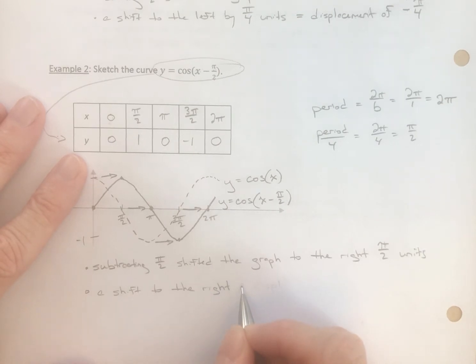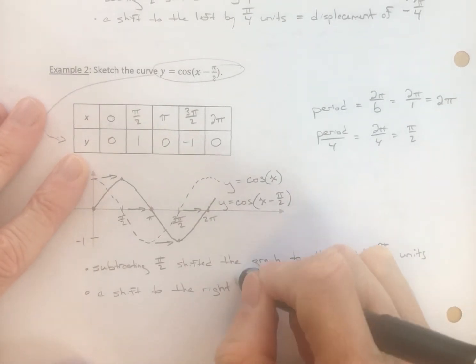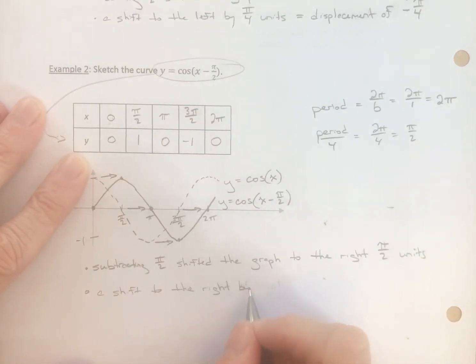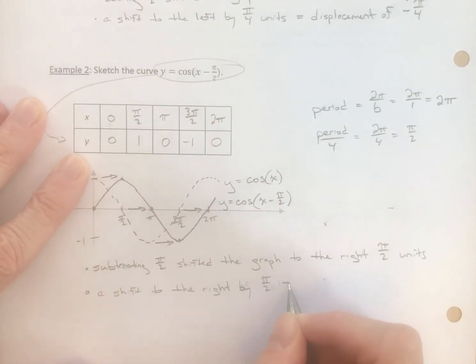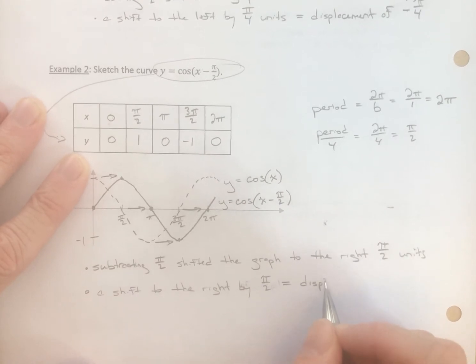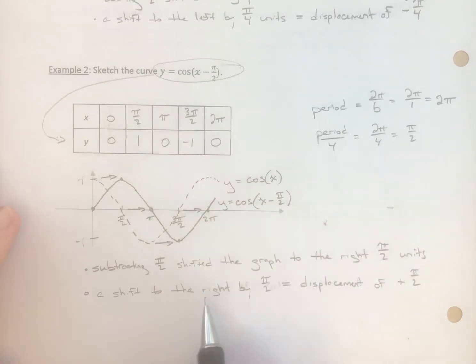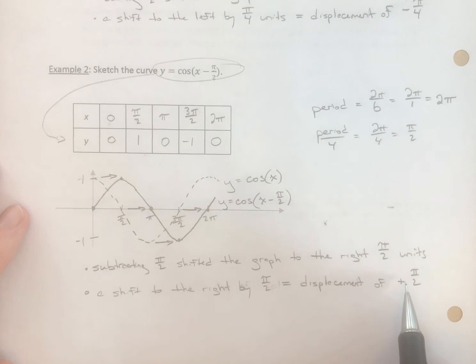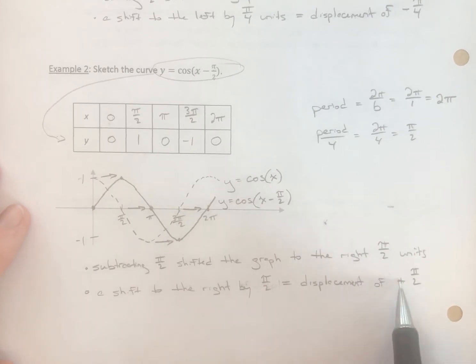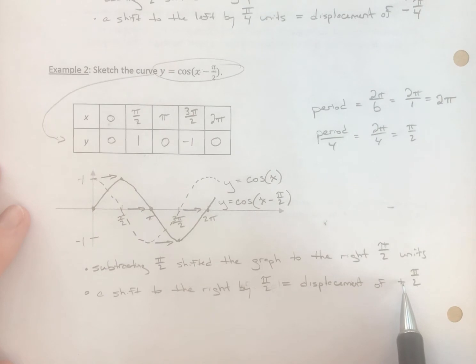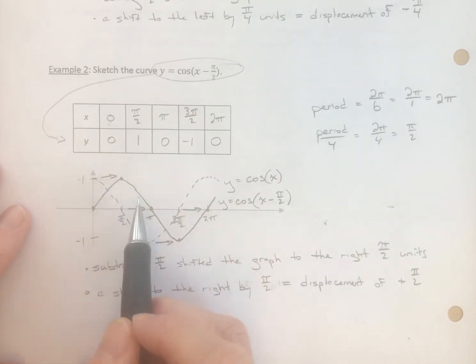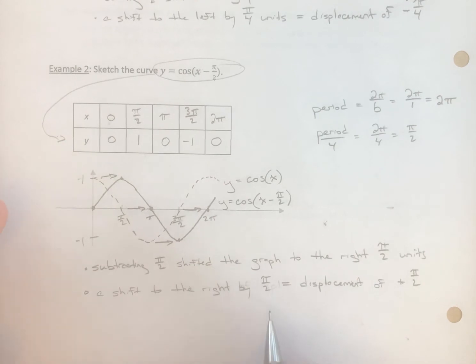A shift to the right by pi over 2 equals a displacement of positive pi over 2. The positive sign tells us we are displacing pi over 2 to the right. If you just say it's a displacement of positive pi over 2, that means you're going to the right pi over 2, which is what we did here. Okay? Okay, so there we have it.